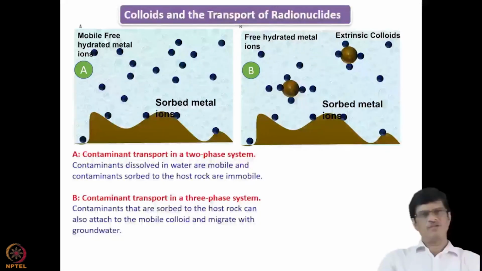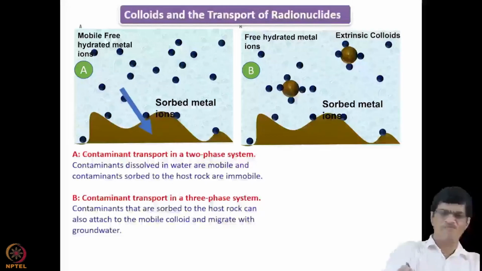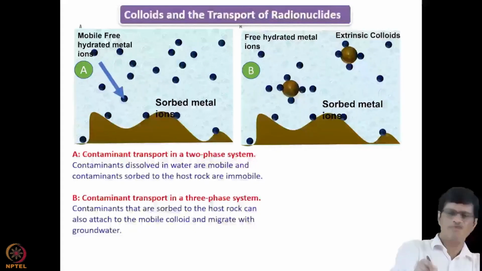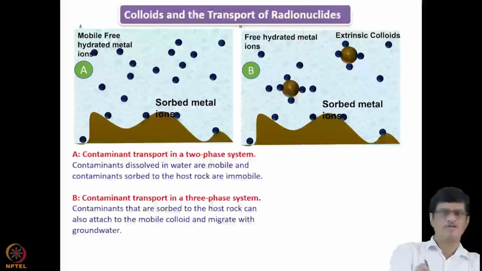And as shown here, this is the water phase, and this is the sediment phase, the rock. Now these are the dissolved contaminants, which are the actinides. They are normally mobile in the water phase, but they can also get sorbed onto this rock surface, which is the immobile surface. This is how they get immobilized onto the sediment or the rock.